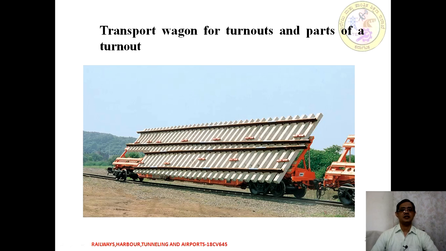This image shows the transport wagon for the turnout, which carries a part of the turnout. Try to see the images. This assembly carries the turnout assembly for transport. This is another type of machinery we use for ease of transport.